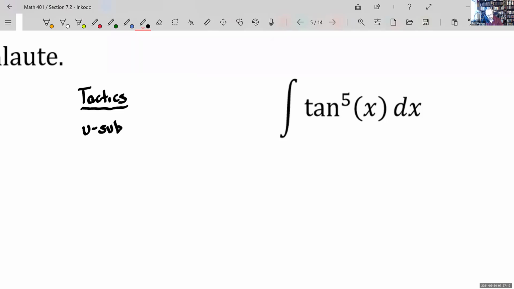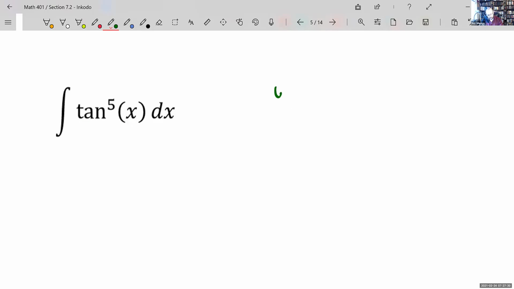It won't work nicely here, but sometimes it might. But I'm definitely going to use a U substitution, a glorified U substitution here. I just need to write down what are my possible U subs. And our possible U subs would be either U equals a tangent or U equals the secant.